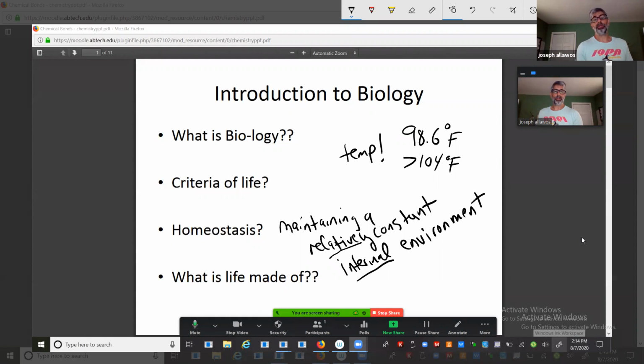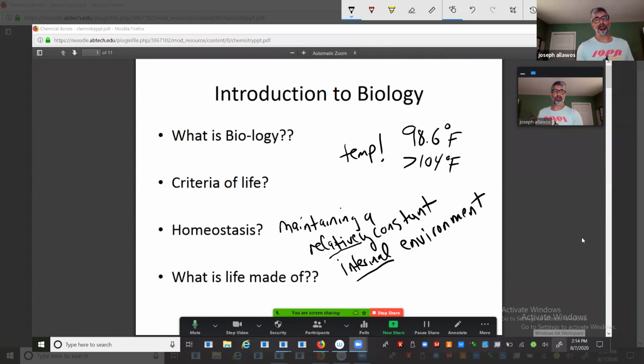Your body can only take a certain temperature, at which point you're beyond the boundaries of homeostasis and you die. Same with getting too cold: you can get hypothermic and die. So that's the relatively constant part. The thermostat's set at 98.6, and it can go up or down, but if you go too far either way, the organism can't survive.